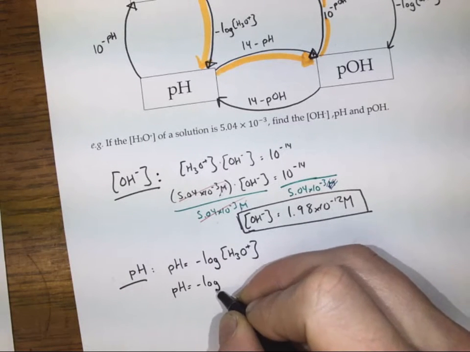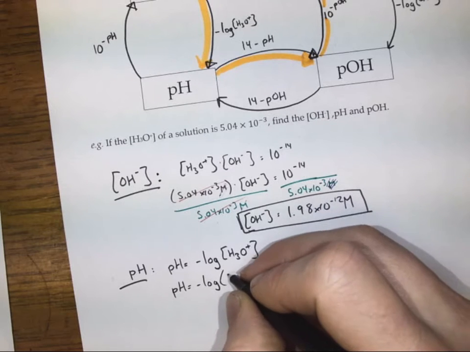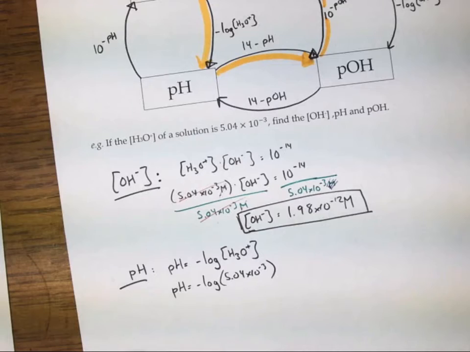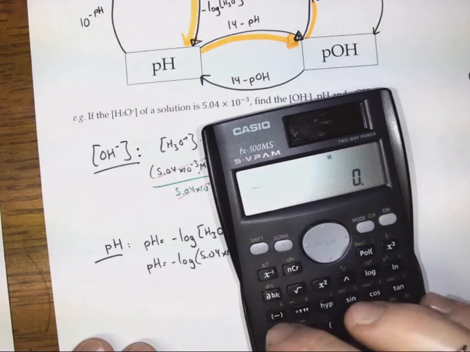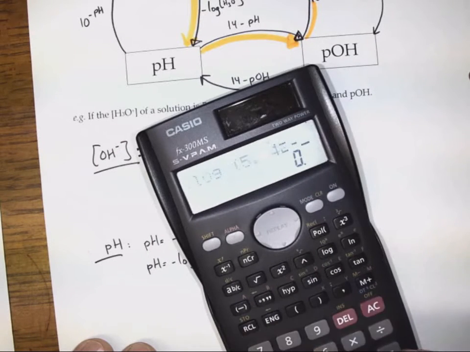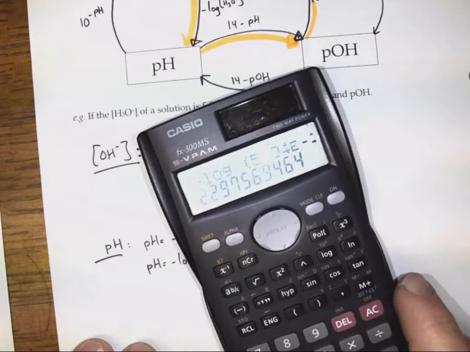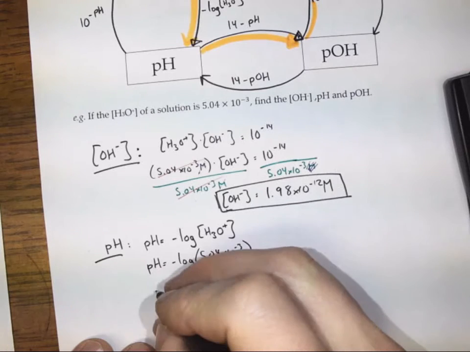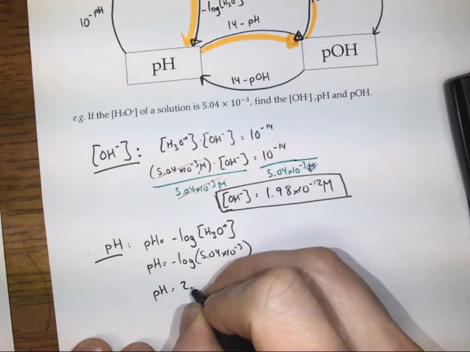It's the negative log of 5.04 times 10 to the negative 3. And we get a pH of 2.30.